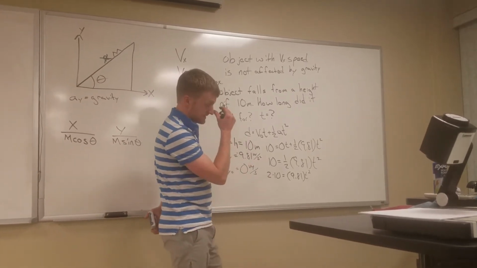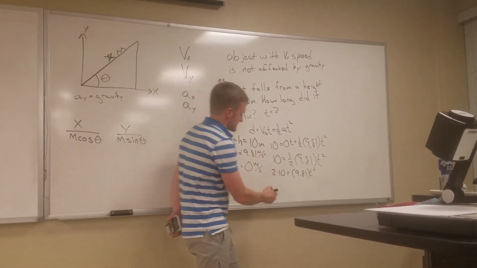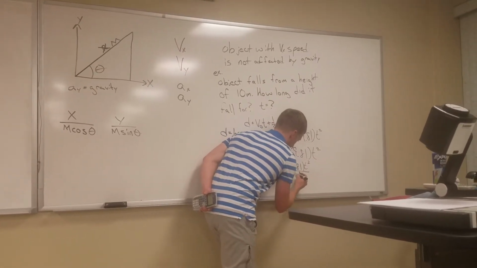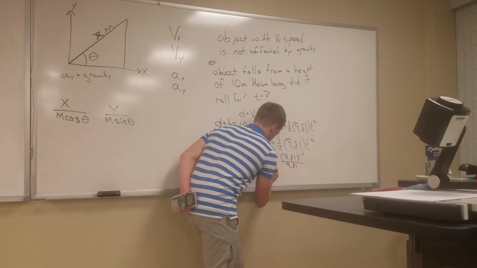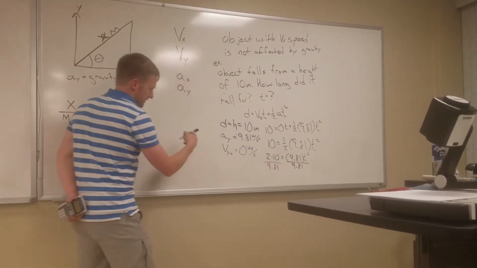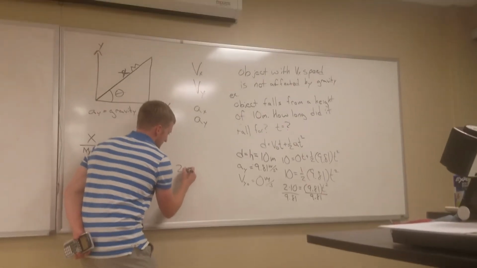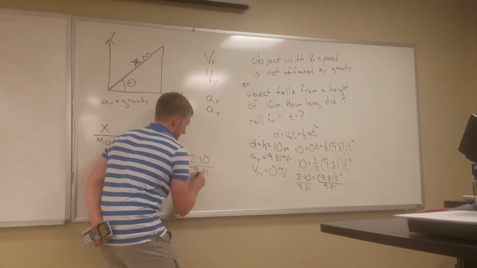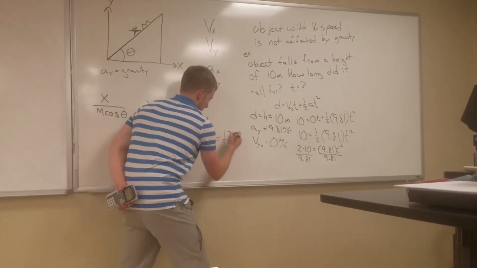How do we get t by itself? We divide both sides by 9.81. Now you have, I'll rewrite it over here, 2 times 10 divided by 9.81 equals t squared.